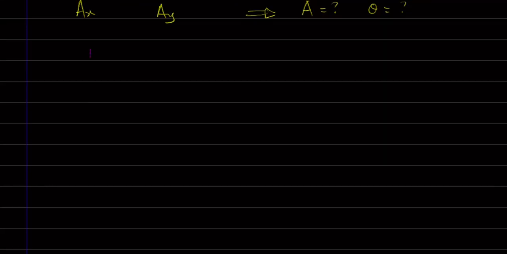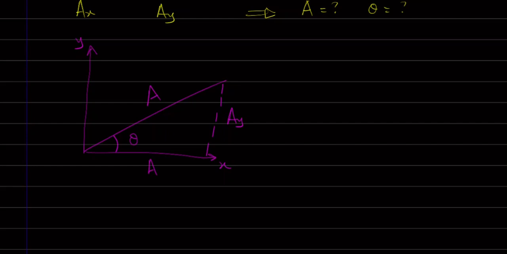Let's look at it. Let's consider the original vector as this, with X and Y. We have the original vector, which in this case is unknown, and we have its direction. So if we resolve this vertically, we have AY and we have AX. In this case, we are given AX and AY.